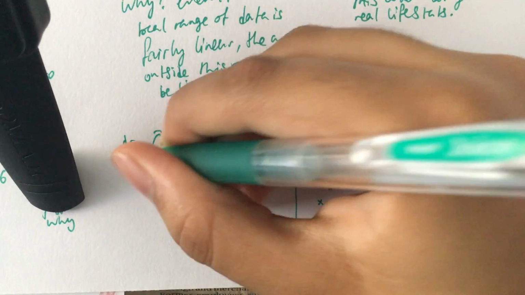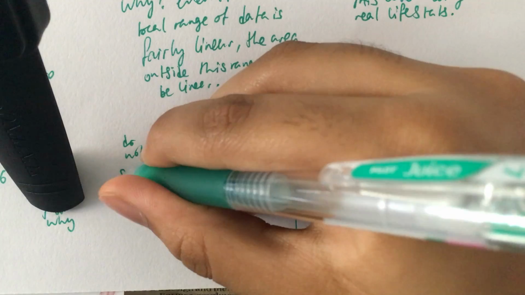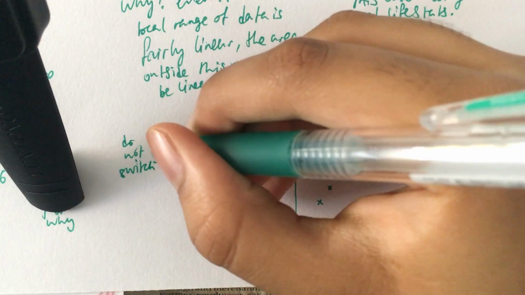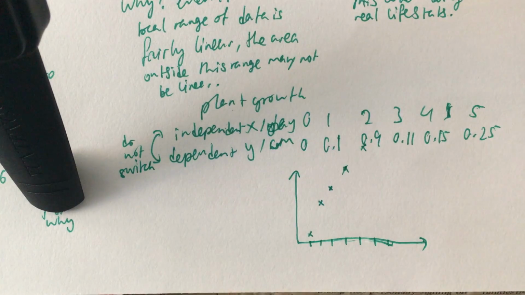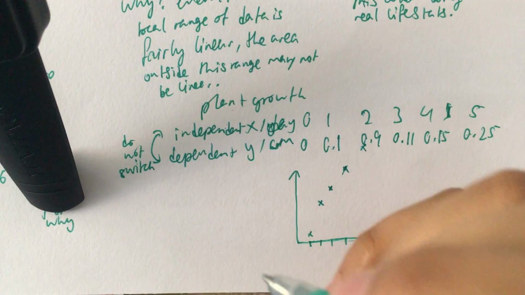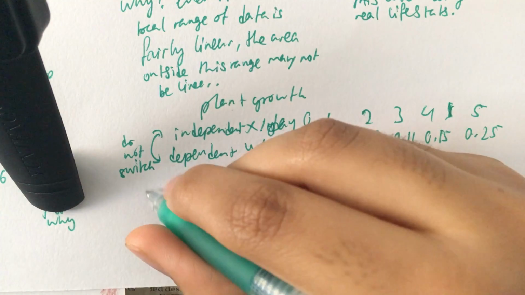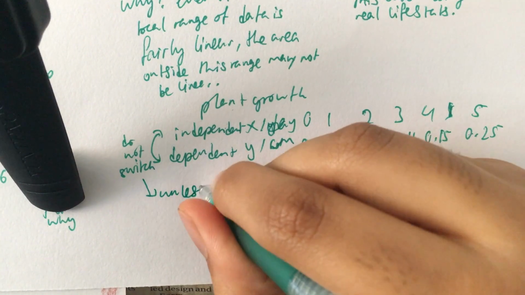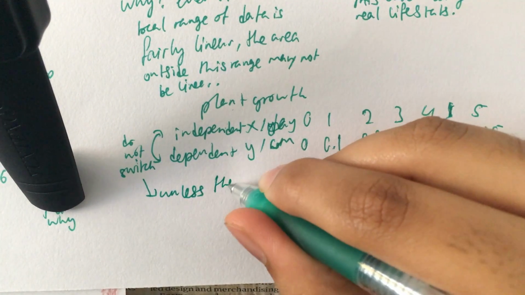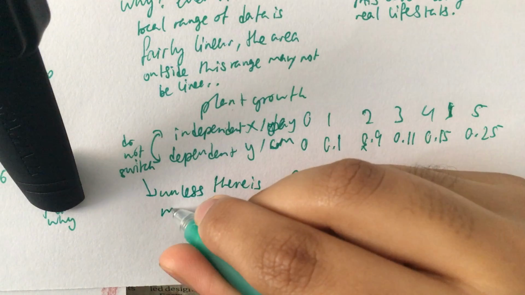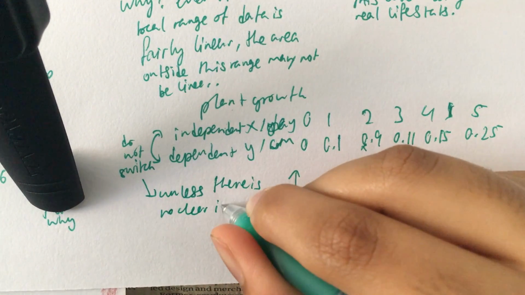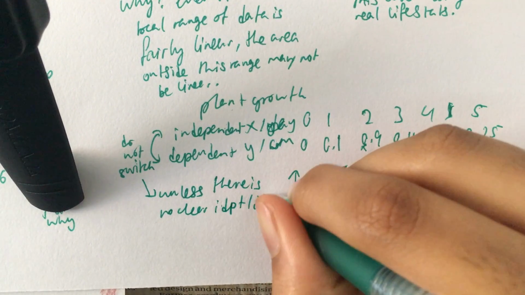If it shows a very clear indication that the time is x and the height of the plant is y, then you obviously should plot the time as x and the height of the plant as y. You cannot do it the other way around. But if your data is just two random sets that look a bit unrelated, and you're just trying to see if there's a correlation, then you can use one as x and the other as y, interchangeably in a sense. So just be careful about that.